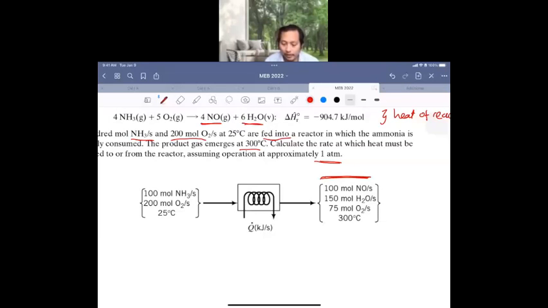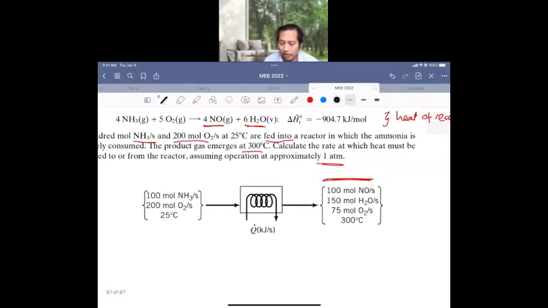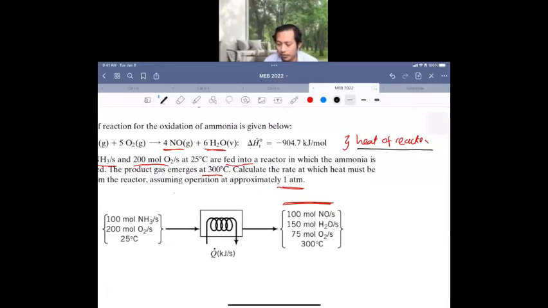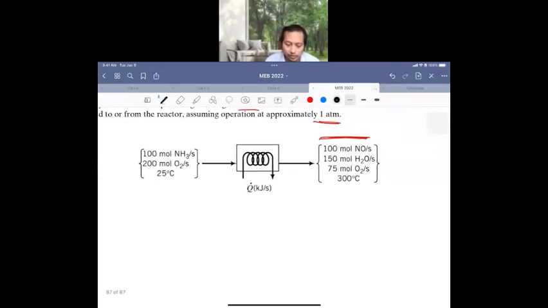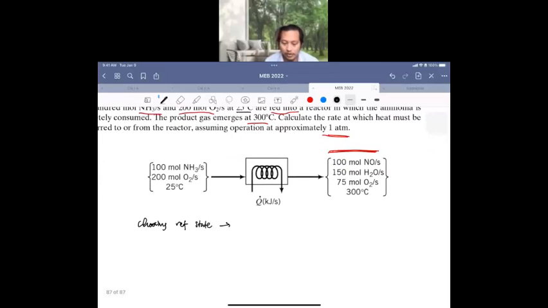After we have the diagram, the next thing we can do, because we know this is a heat of reaction problem, is to go to the heat of reactions method, and then choose the reference state. Because it's mentioned as 25 degrees Celsius and 1 atmosphere, we are going to choose T as 25 degrees Celsius and pressure as 1 atmosphere.